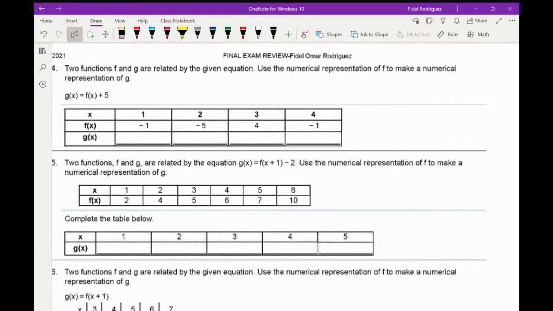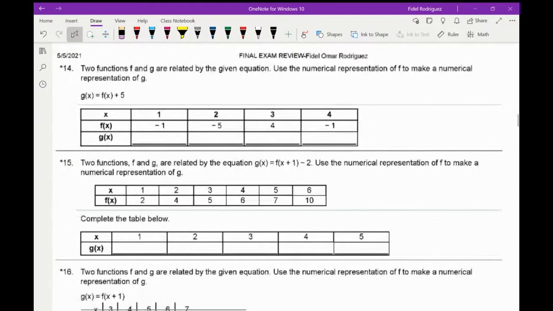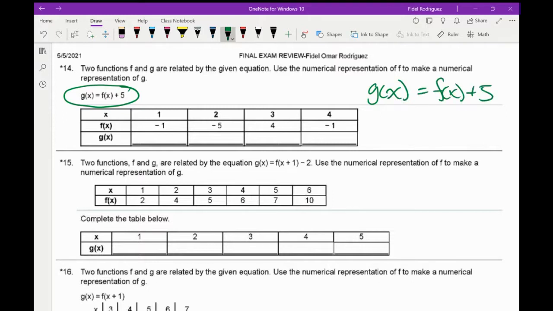Okay, so 14 here says, two functions f and g are related by the given equation. Use a numerical representation of f to make a representation of g. Okay, so look at the way they're describing g of x. So they're telling me that g of x is equal to f of x plus 5.